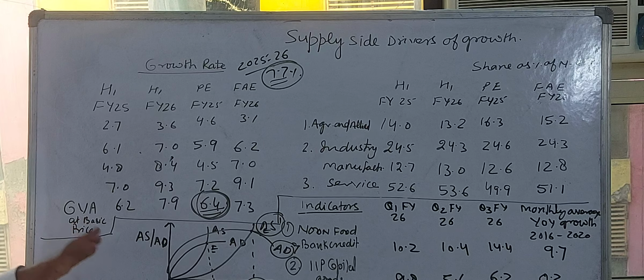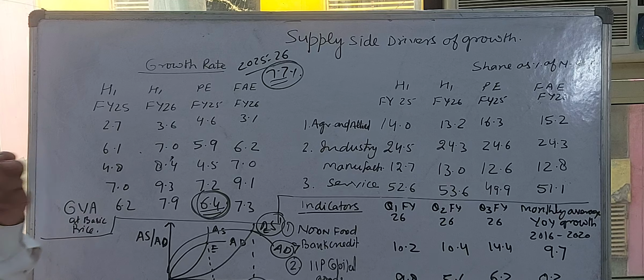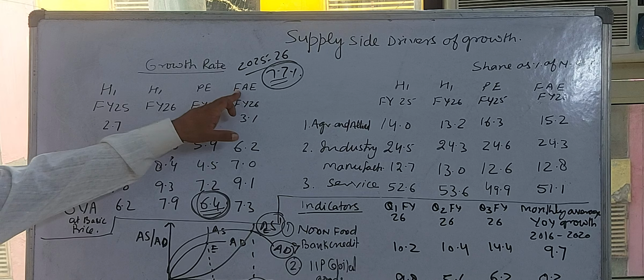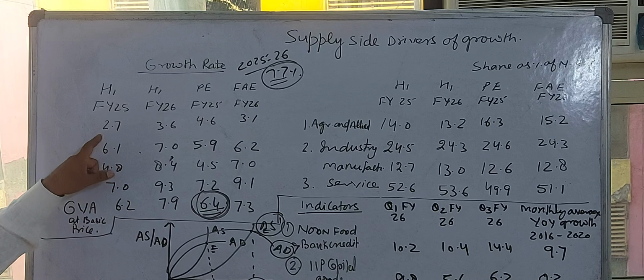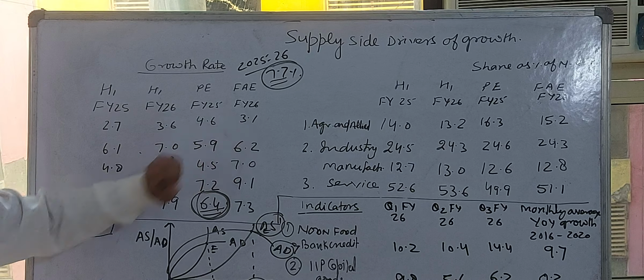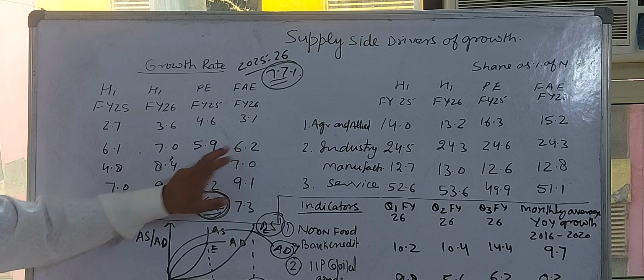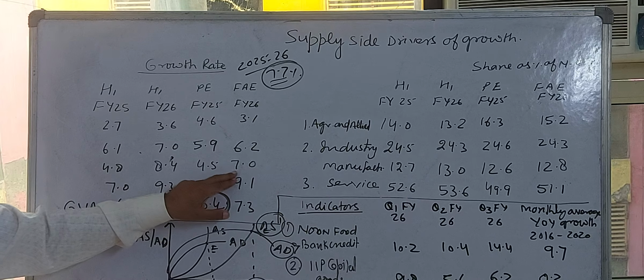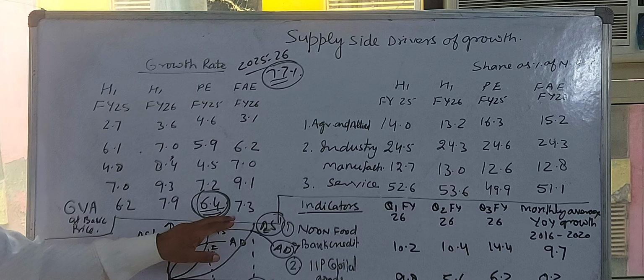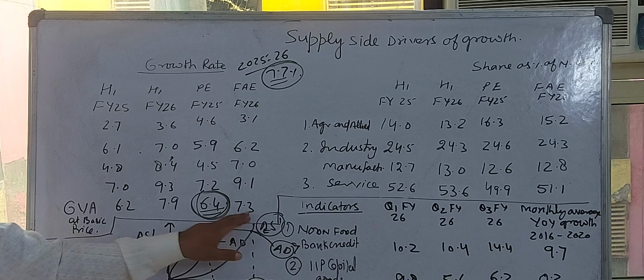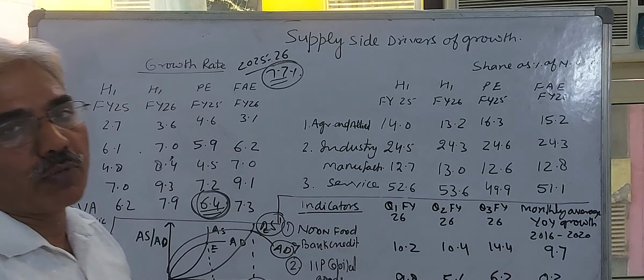The growth rates of these sectors expected in the first advance estimate: agriculture 3%, industry 6.2%, manufacturing 7%, service sector 7.3%, and actual growth rate was 7.3.